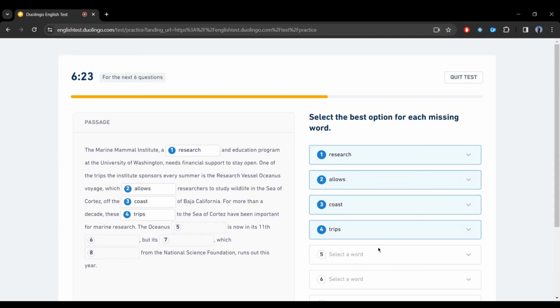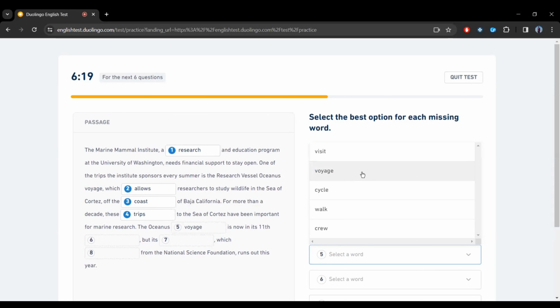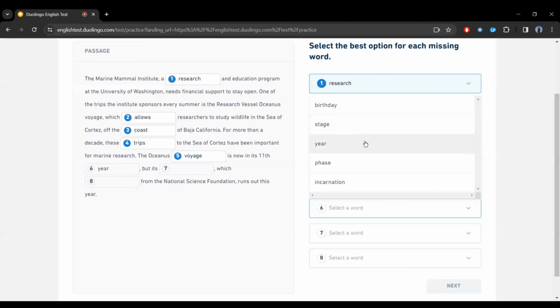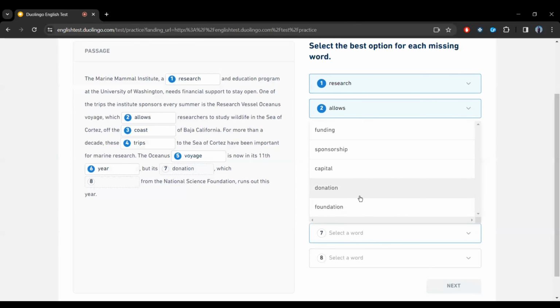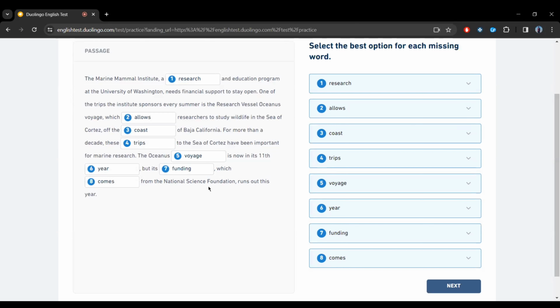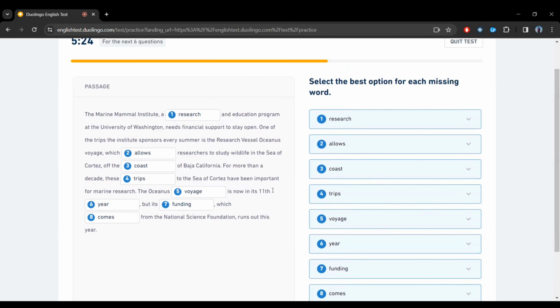The ocean voyage is now in its 11th year, but its funding, which comes from the National Science Foundation, runs out this year.